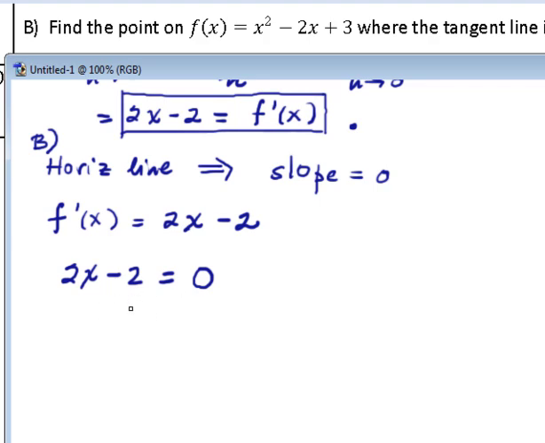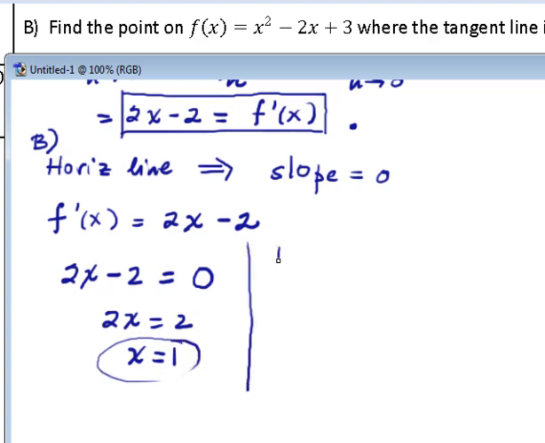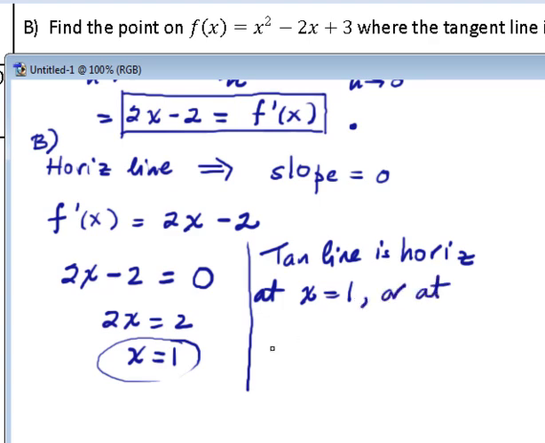and solve. So we have 2x equals 2. Divide by 2, x is equal to 1. So the tangent line is horizontal at x equal to 1, or at the point 1 comma, and what do we do?